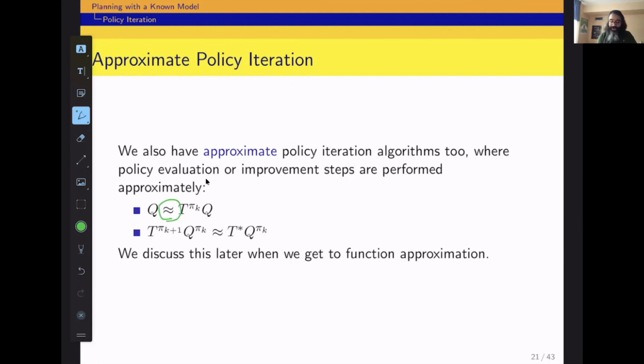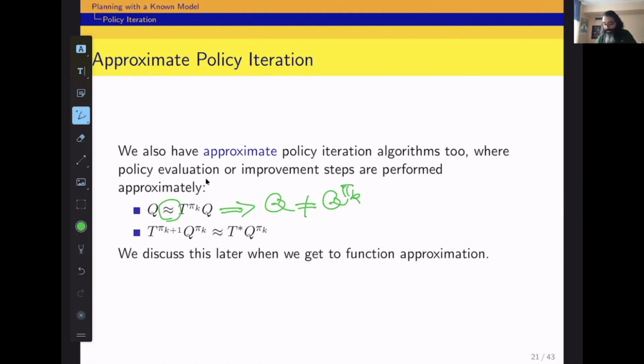I only find Q that is approximately equal to T pi k of Q, which then means that Q is not going to be Q pi k. It's something different. It might be close, but it's not the same. And then the other step is that I do not do the policy improvement step exactly. I do not compute the greedy policy exactly, just something different.